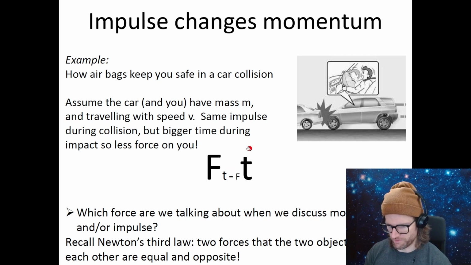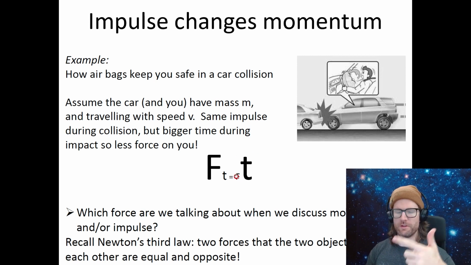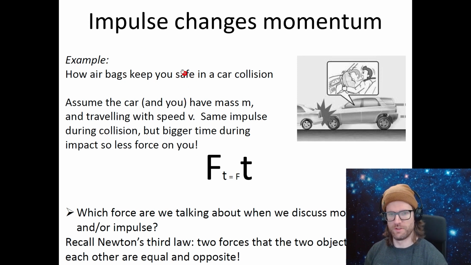And that's what this is showing. Higher time of impact, smaller force. If we don't have crumple zones, seatbelts, or airbags, then the time of impact is very small, so the forces are very big, lots of damage done to us. Okay, so this is another example of how impulse helps explain what's going on.